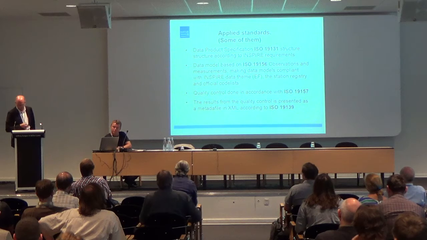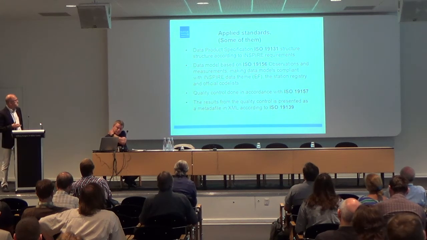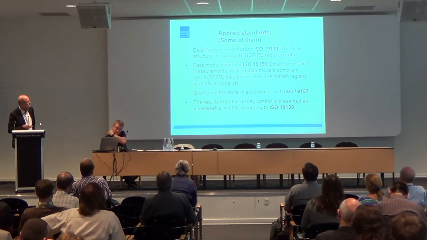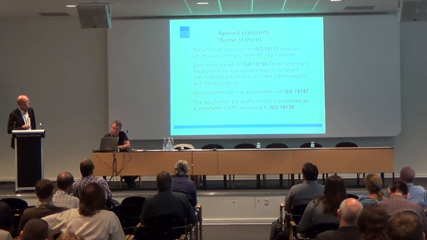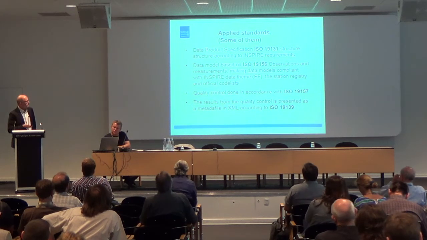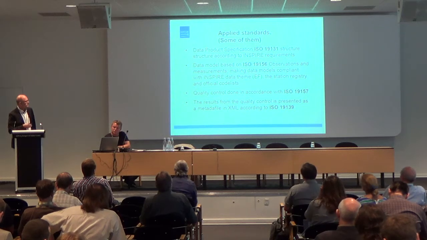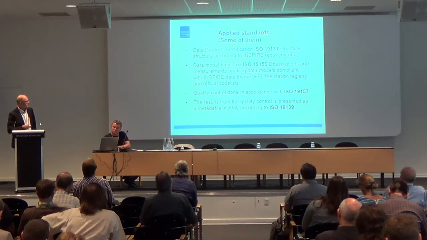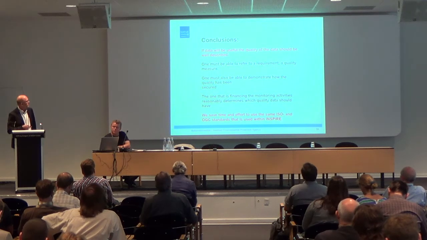These are some of the standards that we have picked up. The core, the data product specification, is gathering all those pointers or pieces of other standards. But these are the main standards: observations and measurements, the quality standard for geodata, and the metadata standard.